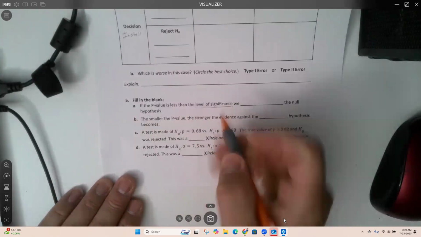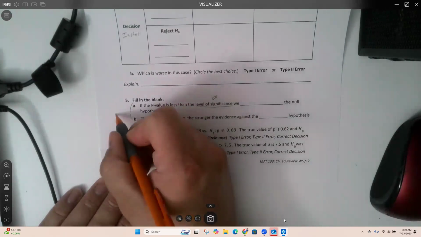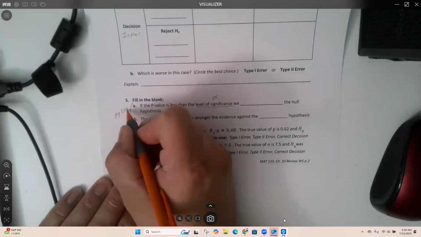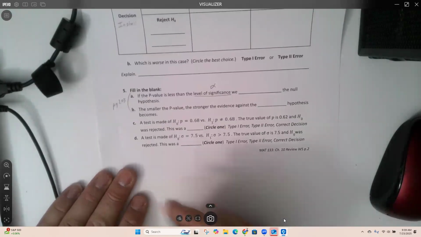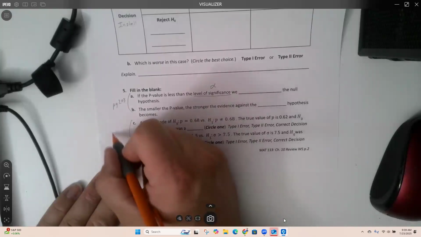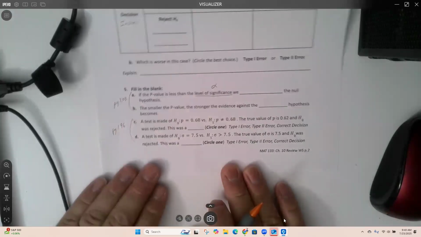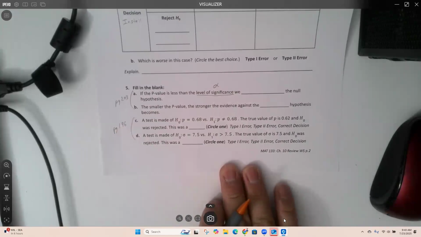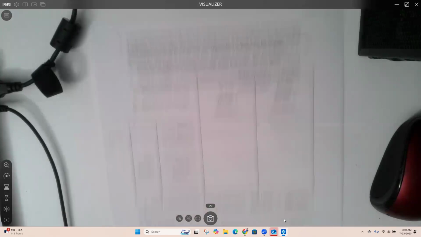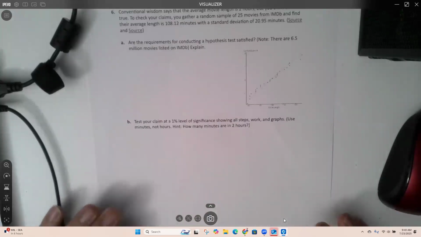Level of significance is our alpha. These two are on page 203. These two are on page 196. Then page 491.